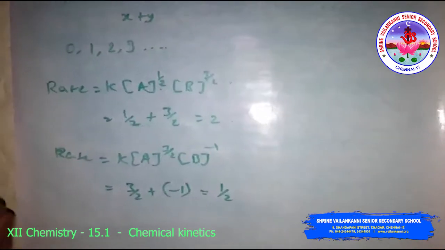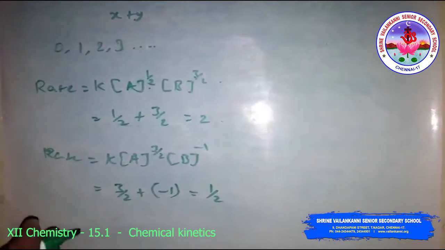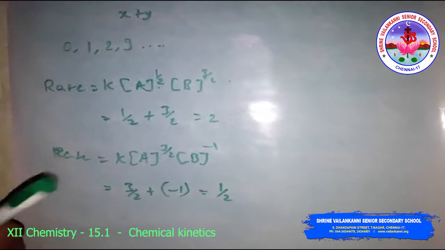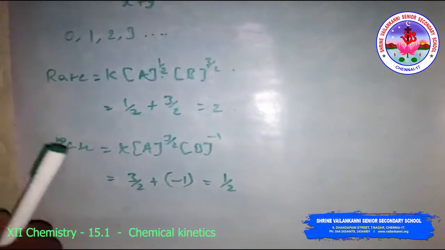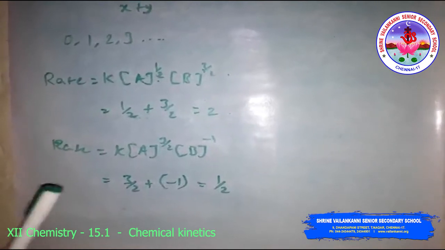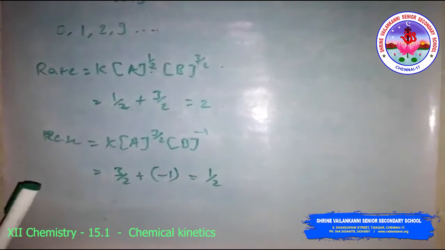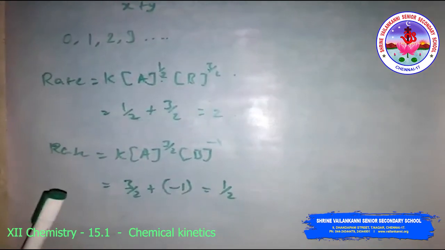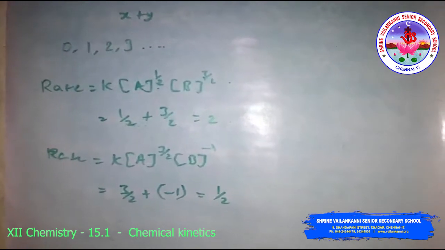A balanced chemical equation never gives a true picture of how the reaction takes place. Rarely does a reaction get completed in one step. Reactions that take place in one step are called elementary reactions. When a mechanism of elementary steps gives the product, the reactions are called complex reactions.